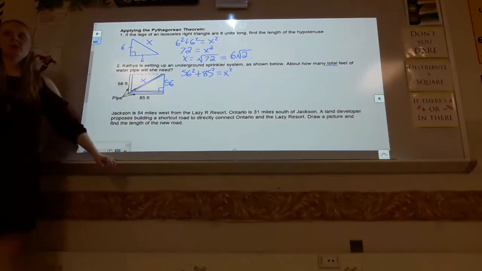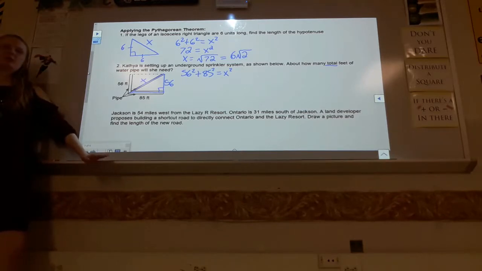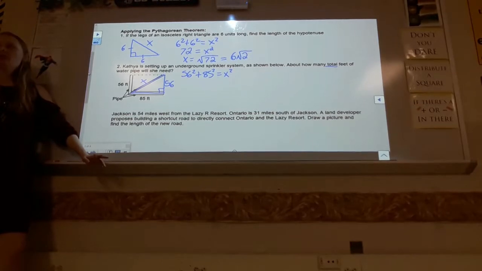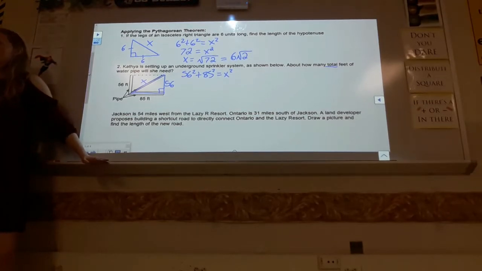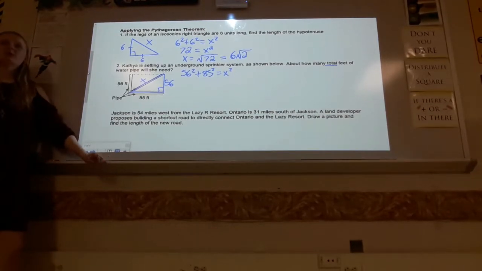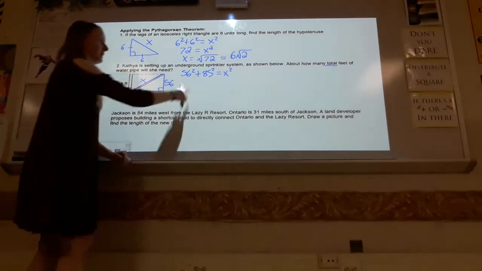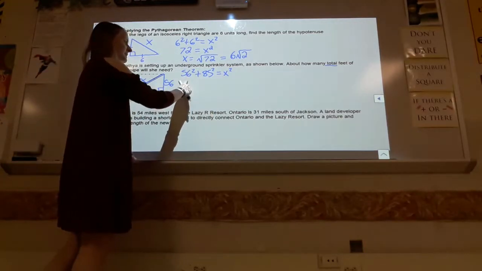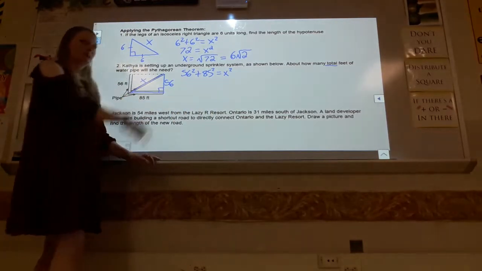Now, when the numbers are this big and it's a word problem, this is the only scenario where you guys are allowed to use decimals. If the numbers are reasonable and you can simplify to use a radical, I expect you to do that. But if the numbers are ginormous like this, and it would be super hard to simplify a radical, and it's a word problem, you can use decimals. So go ahead and figure out what this number is: do 56 squared plus 85 squared, and then take the square root of that.